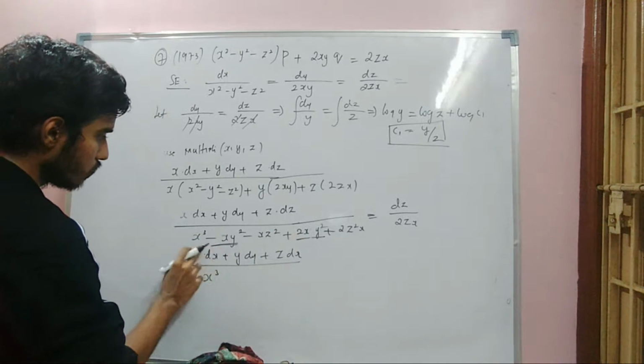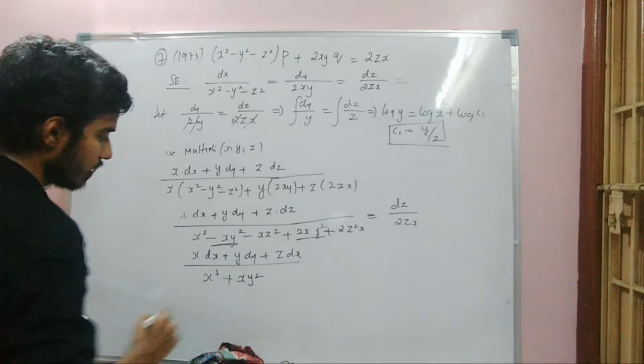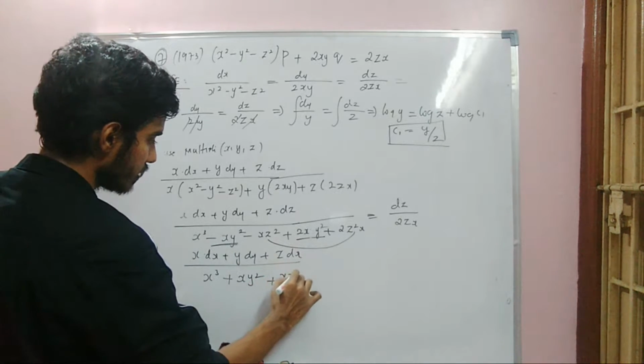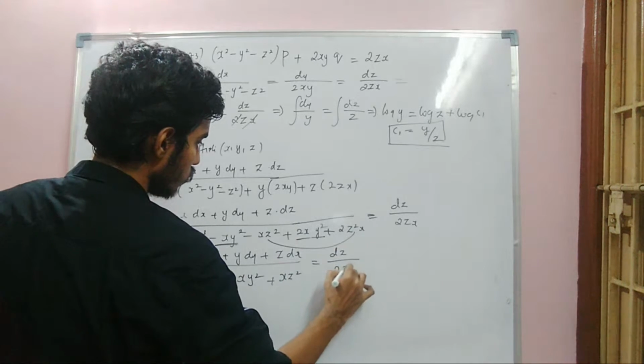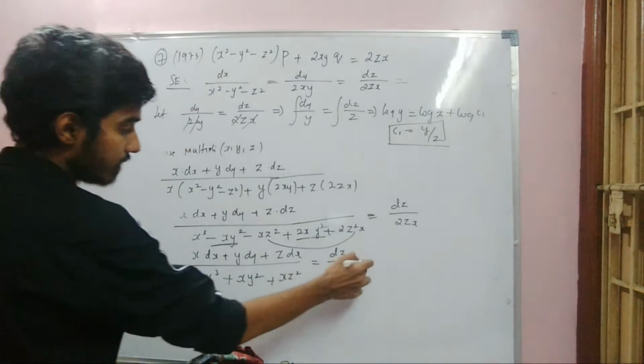So we will have x cube here. If I add this term and this term, we will have plus xy square. And if I add this term and this term, again we will have plus xz square is equal to dz divided by 2zx. Now if I take x common here, I can cancel this x.